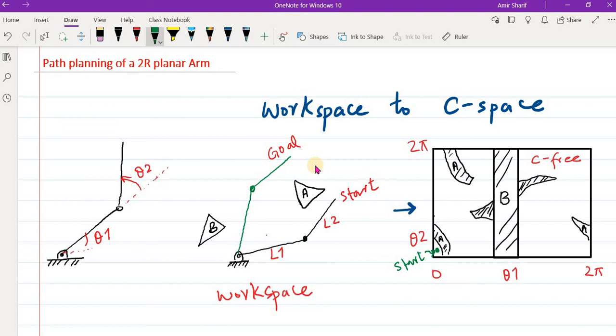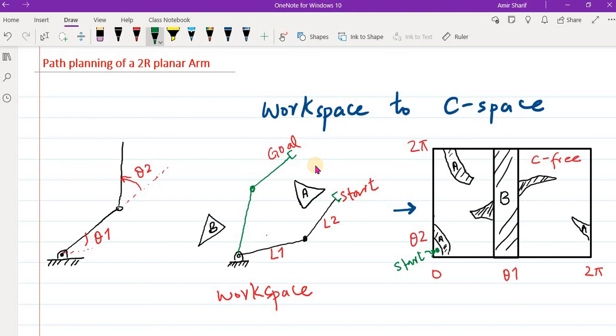So the next configuration will be that theta 1 will decrease and theta 2 will increase until this end effector will, should I draw the end effector too? Let me draw here. So this is your end effector, let's say. So your end effector will reach a position here.